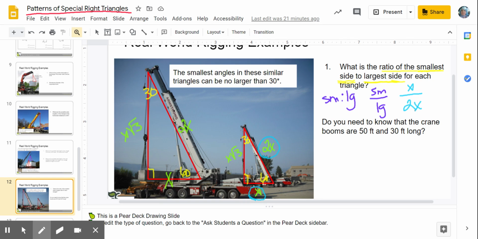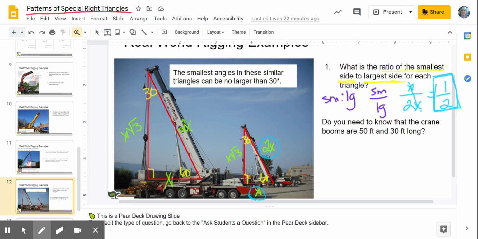If I have an x in the numerator and an x in the denominator, don't they cancel out? Yeah. So that ratio of small to large is exactly what we found after we looked at the Desmos activity. The small is always half as big as the large, or the large is always twice as big as the small in a 30, 60, 90 scalene triangle.